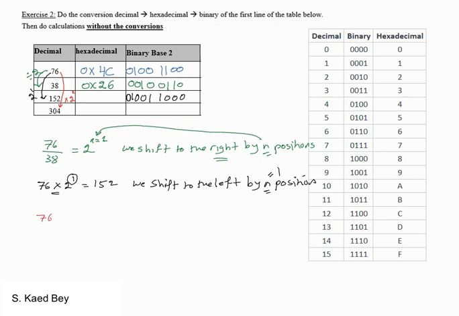So 76 multiplied by 4 is 304. This means we shift to the left because of the multiplication by n positions, but now n is equal to 2.